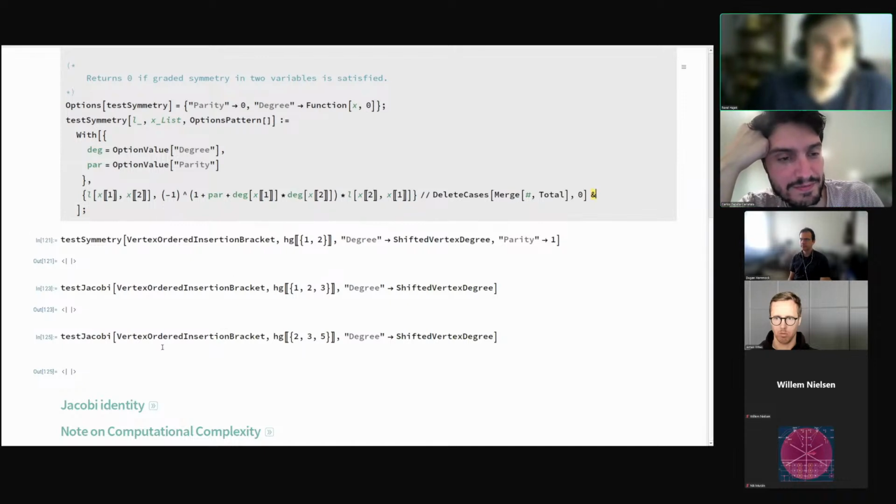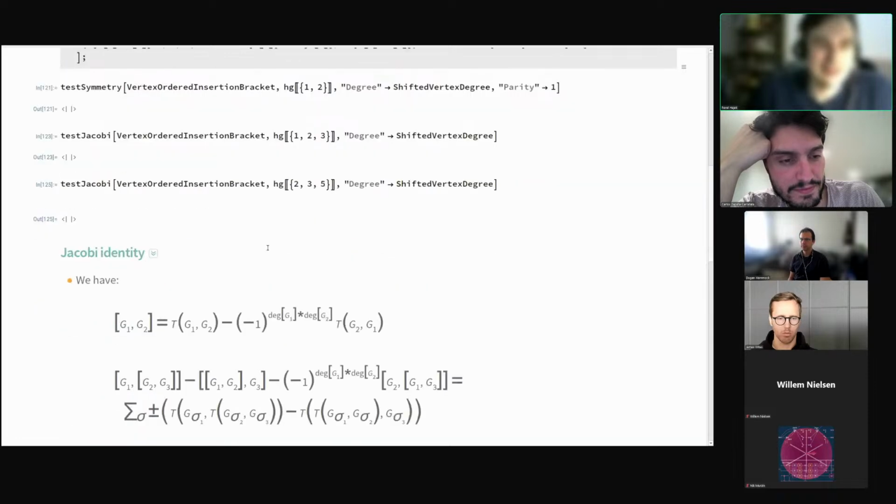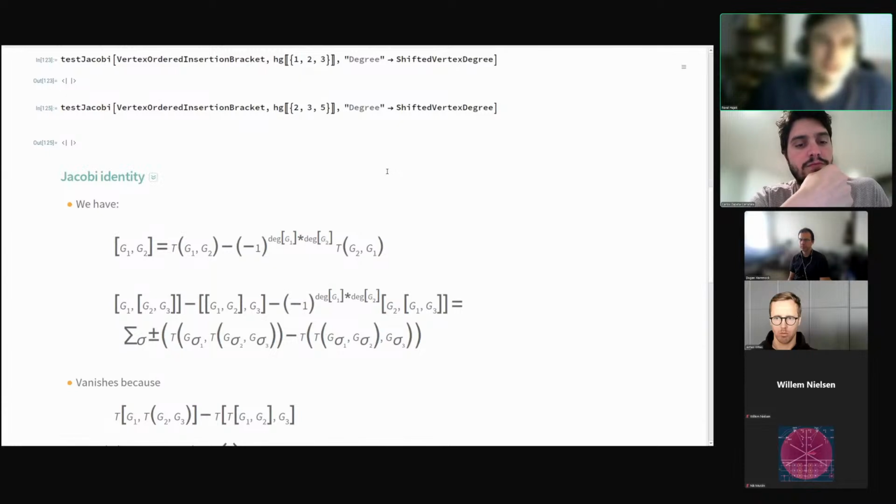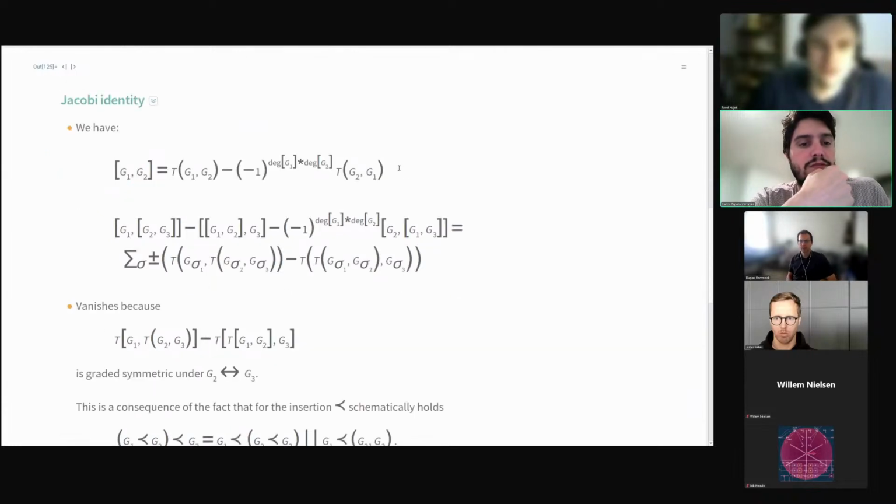Yeah, absolutely. So now I just wanted to explain why the Jacobi identity holds. Just from the mathematical viewpoint, you can view your bracket as a commutator of this insertion operator, which is here denoted by T. It's a graded commutator.